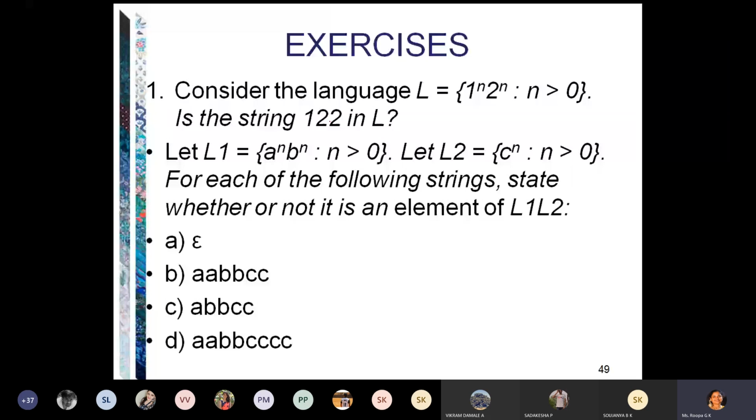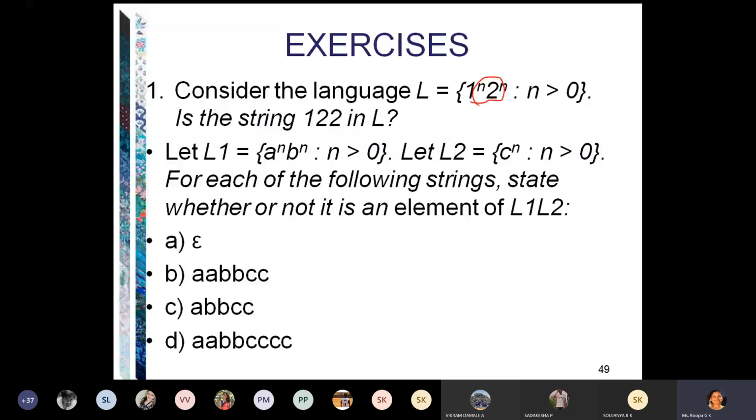One more question I will ask. If I say 2 to 1 1, whether it is belonging to the language? Why yes? I repeat, 2 to 1 1. See, the format is given as 1 power n followed by 2 power n. Please note, the number of ones are followed by the number of twos. So, if I say 2 to 1 1, it is not belonging to the language because of the format.